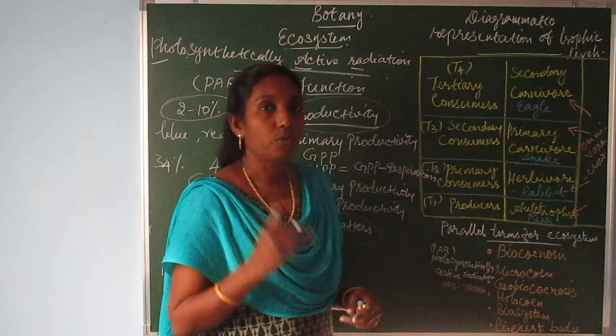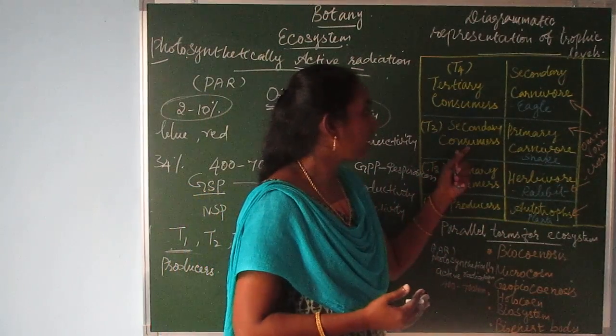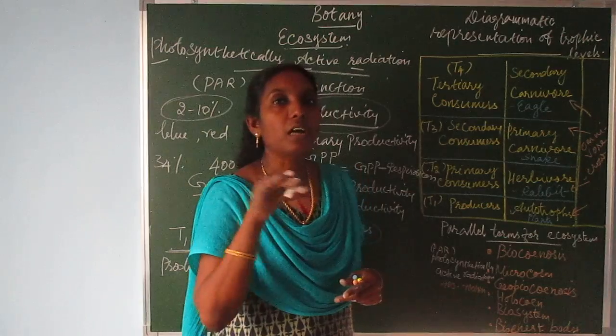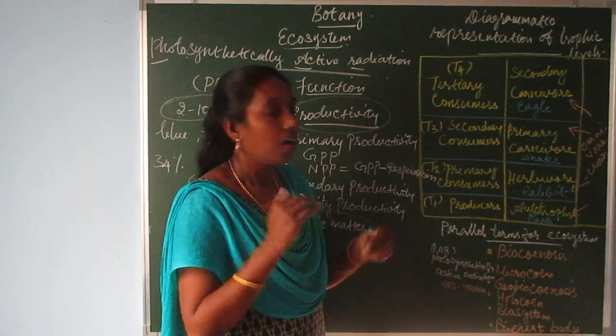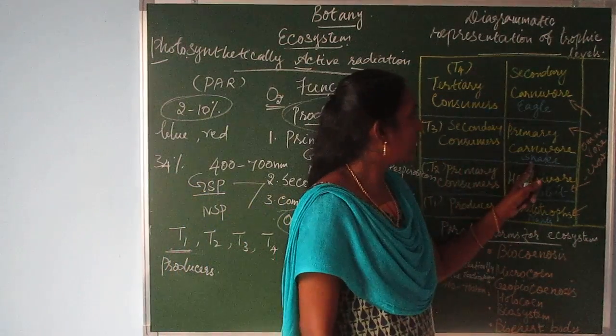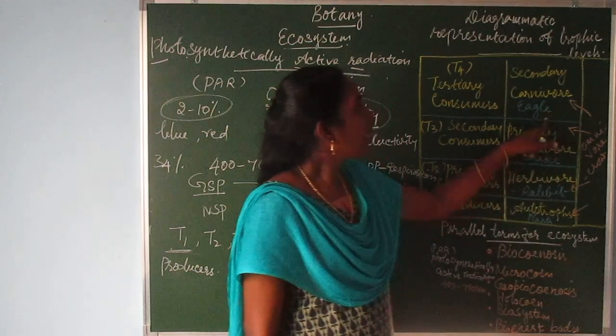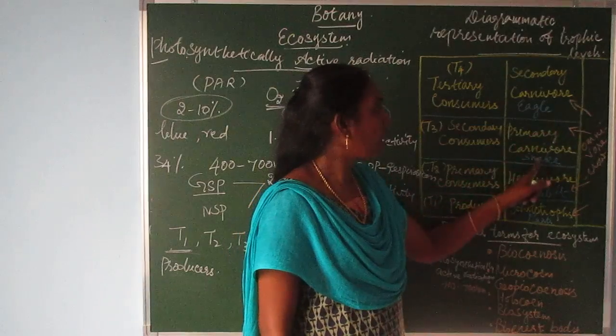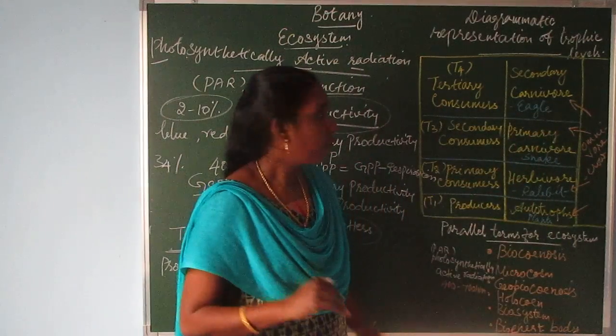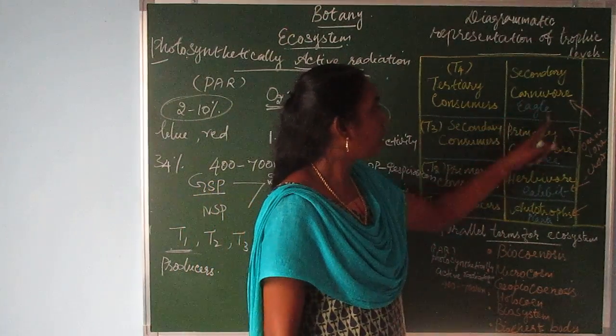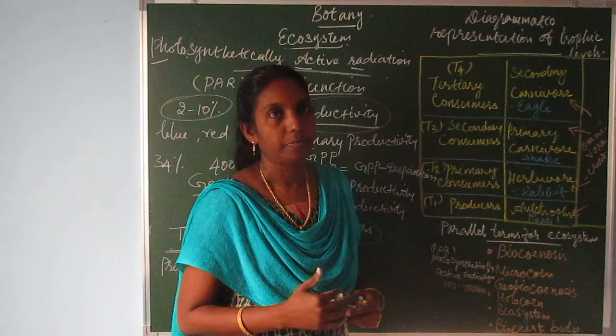That is a carnivore, which is called either a secondary consumer or primary carnivore. Example, snake. And this snake is eaten by the eagle. So eagle is considered a secondary carnivore. Primary carnivore is snake, secondary carnivore is eagle.